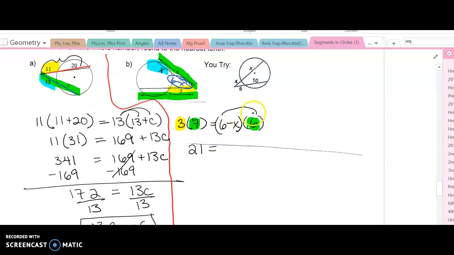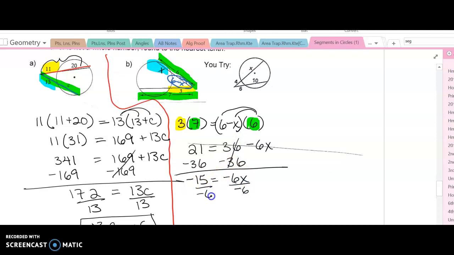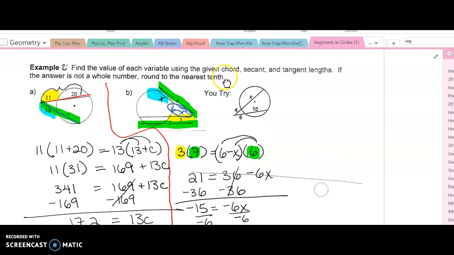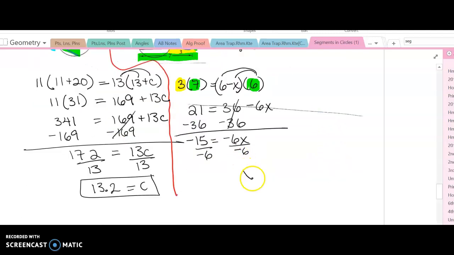We're going to distribute the 6 to both terms in the parentheses, so 36 minus 6x. Then subtract 36 from both sides. This does give us a negative: a positive minus a larger number gives a negative result, negative 15 equals negative 6x. I'm going to divide both sides by negative 6. It said to round our answer to the nearest tenth. So negative 15 divided by negative 6 comes out to 2.5.